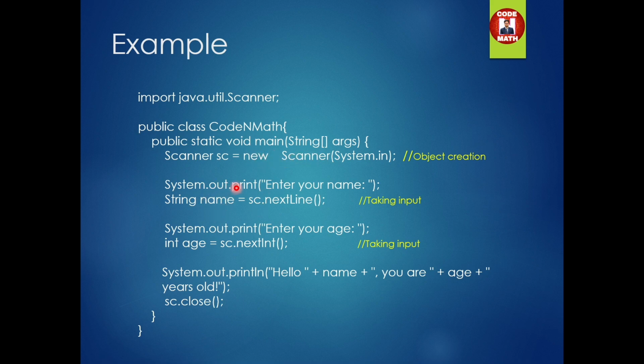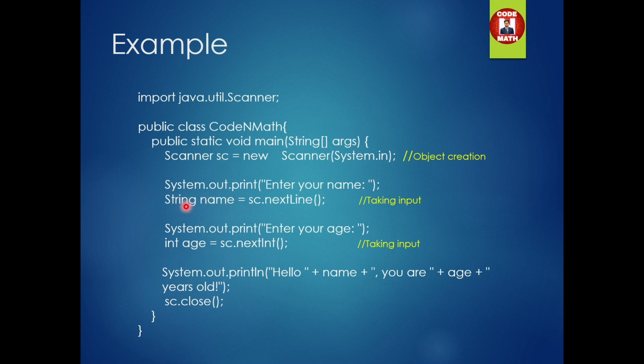Further, we printed one string that says enter your name. Okay, and this is the main way to take the input. Say I need to take input from the user as a string.